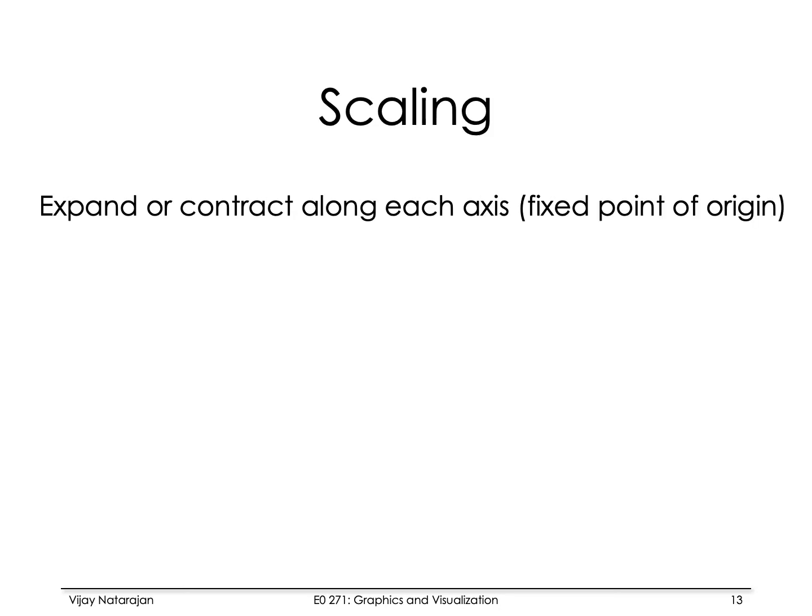So the third transformation that I want to talk about is scaling. Scaling essentially refers to expanding or contracting along a particular axis. And the fixed point of this operation is the origin. What this means is that the origin does not get affected by this operation.